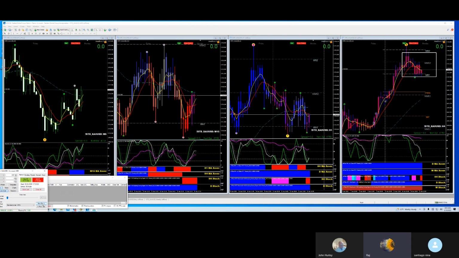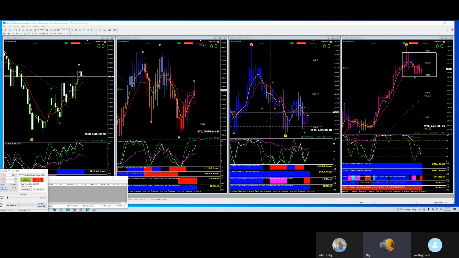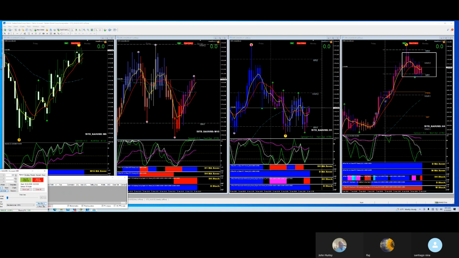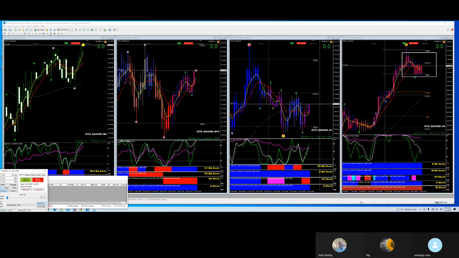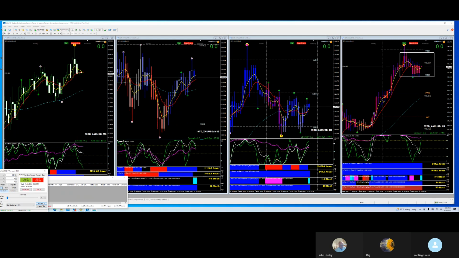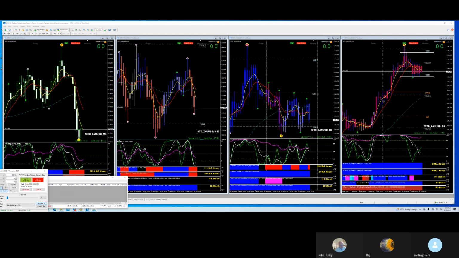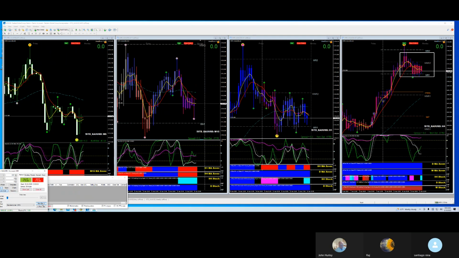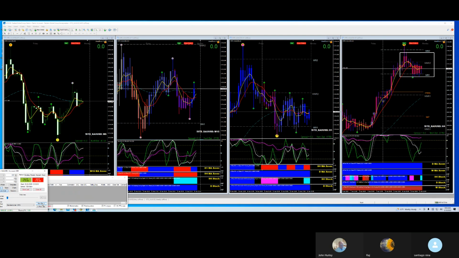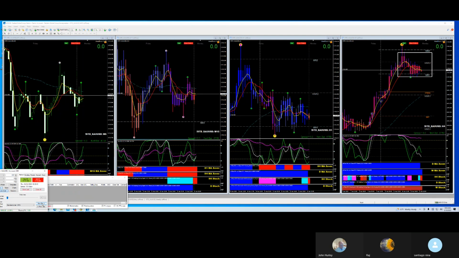You don't trade the first change in direction because you're setting up the higher time frame. There you go. All right, the daily's turned black. So now we have a continuation trade on the 4 hour, and the daily has turned black.